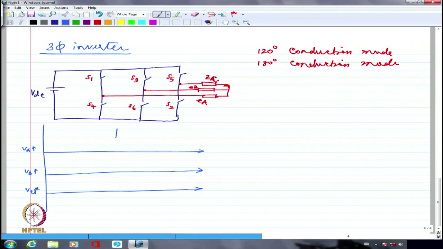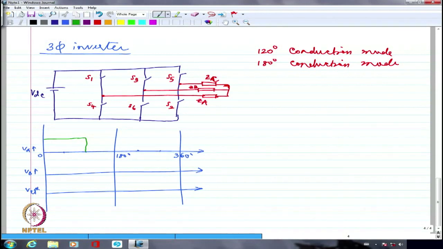So if this is the way it is, let me call this the 180 degree point, this is 360. So this is 0, this is 180 degrees, this is 360 degrees. Okay. And then I'm also drawing 60 degree intervals like this. So let us say S1 is going to conduct for some time like this.